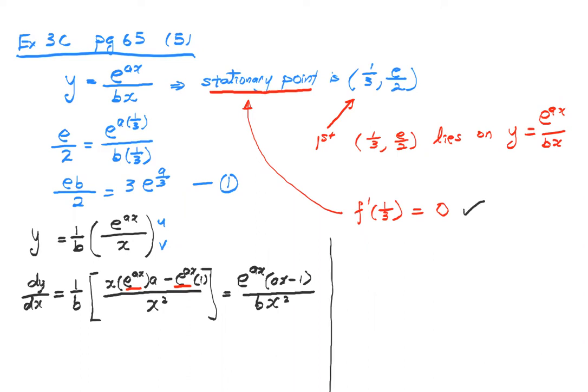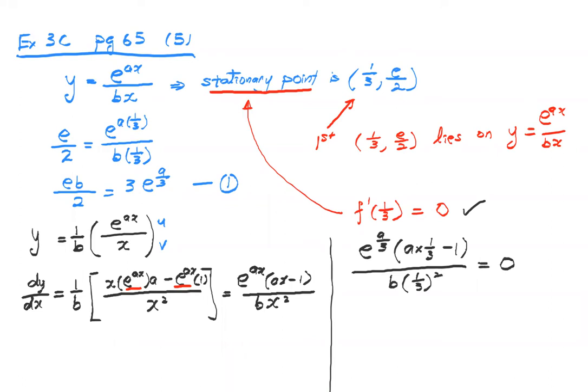Now I make use of this information and start to form another equation. When x equal to 1/3, I put e to the power of a over 3. I sub my x equal to 1/3 already. A times 1 over 3, take away 1, divided by bx squared, equal to 0.